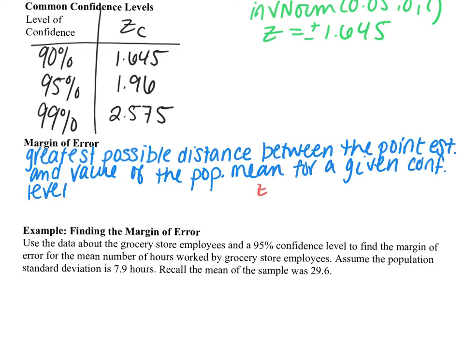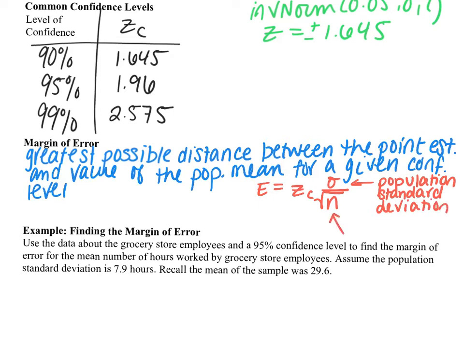So we do have a formula here. It's denoted by E, and E is equal to our critical value times our population standard deviation all over the square root of the sample size. So remember, this is the population standard deviation. That's something that we would need to know from the problem. We need to know the population standard deviation, and then this is our sample size, and this is our critical value for our confidence level.